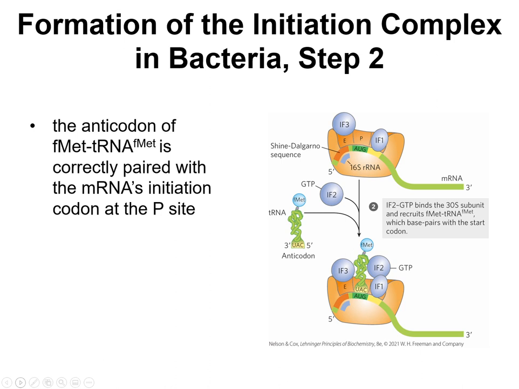The only place for that tRNA to bind initially is the P site. To facilitate this, there's another initiation factor, IF2, that binds GTP, and it will bind the 30S subunit and recruit that special methionine tRNA to base pair with the start codon.